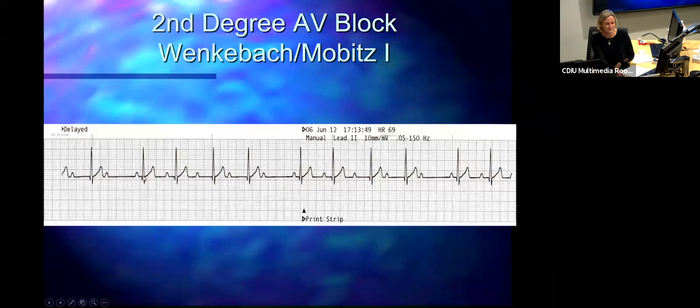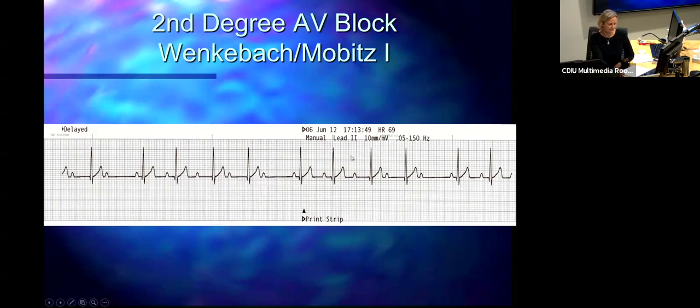That's a good reason to remember that when you're doing PRs, not only measure one PR, but make your paper or your calipers go across to see if there's a pattern. So this pattern for this twin, Wenckebach Mobitz 1, was progressively lengthening after a dropped beat where her bed is empty, there's a delay in her mom seeing her, she has a short PR interval, progressively lengthening, staying out longer each night till she just doesn't come home.